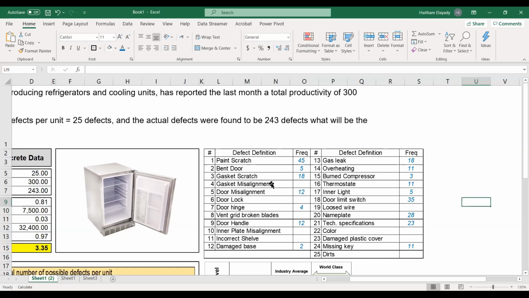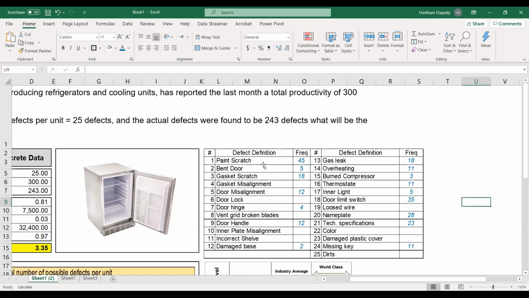This is mainly done through a brainstorming workshop where you gather the engineering team, the production, the QC, and they start to estimate all the kinds of defects that might happen during the execution of the project.